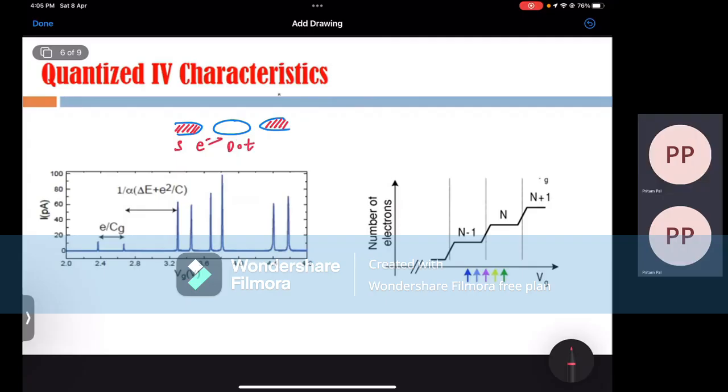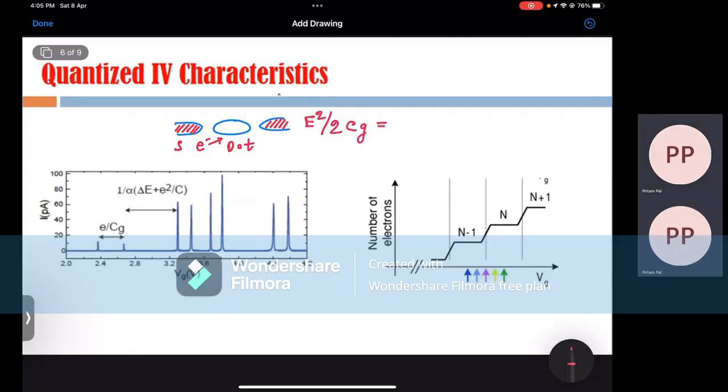If you want to add an electron, then we have to basically supply the energy, right? That Coulomb energy, which is equal to E square over 2 Cg, where Cg is the capacitance.